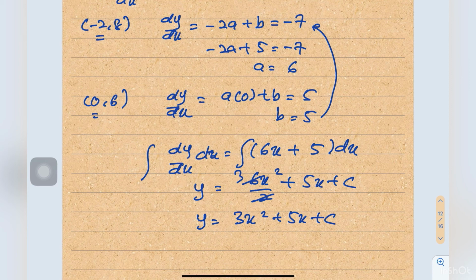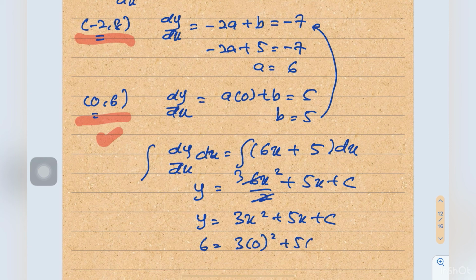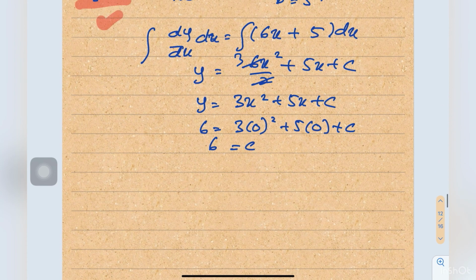To find the value of c, we have 2 points here, and you can choose any point. It is easier if you choose (0, 6): x equals 0 and y equals 6. So 6 equals 3(0 squared) plus 5(0) plus c, so c equals 6. Therefore the equation of the curve is y equals 3x squared plus 5x plus 6.